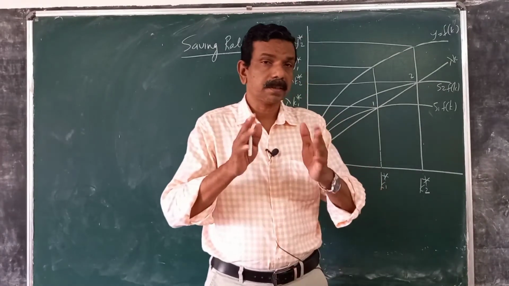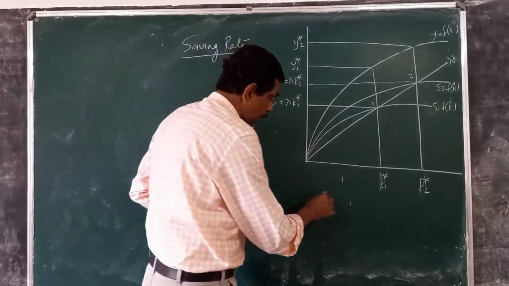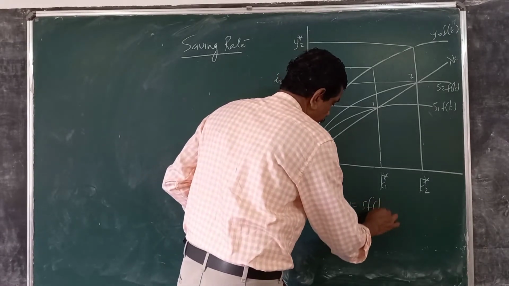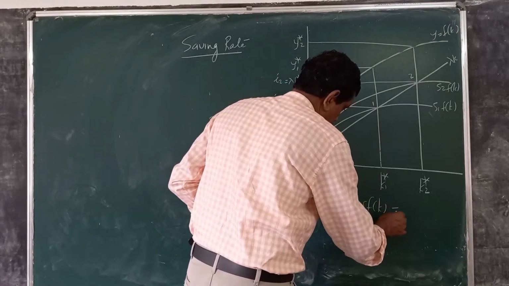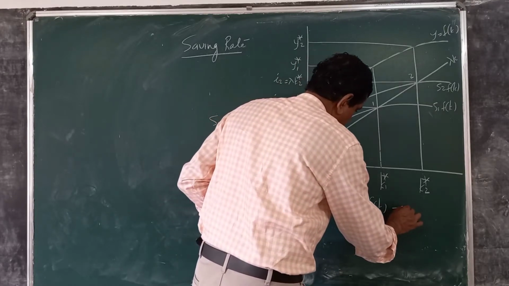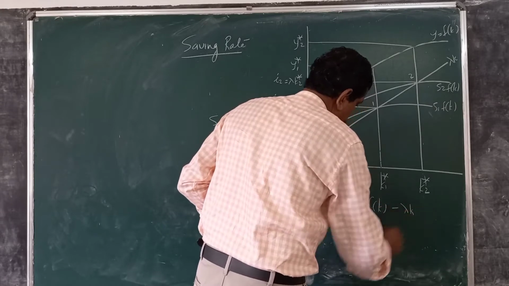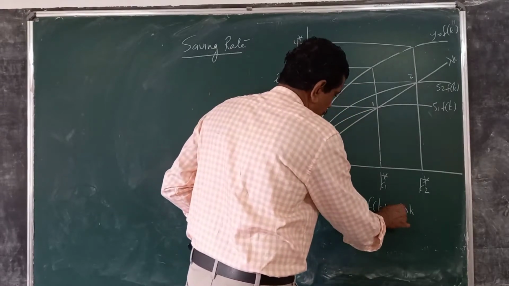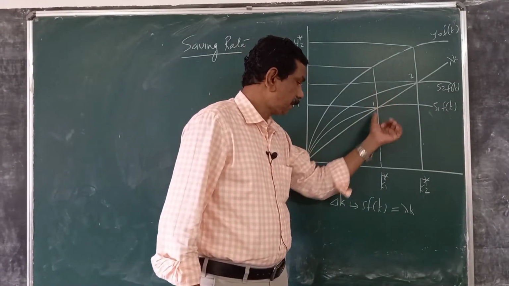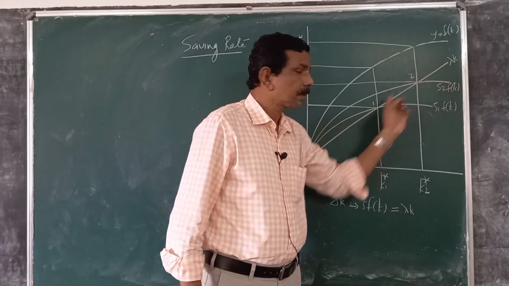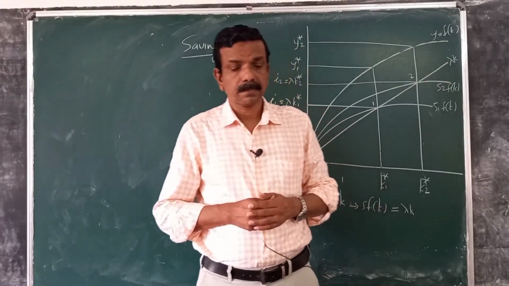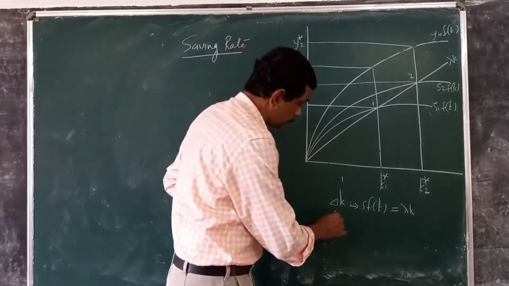Remember, the steady state is defined as S of K equal to lambda K. And here S of K exceeds lambda K. So investment exceeds depreciation.